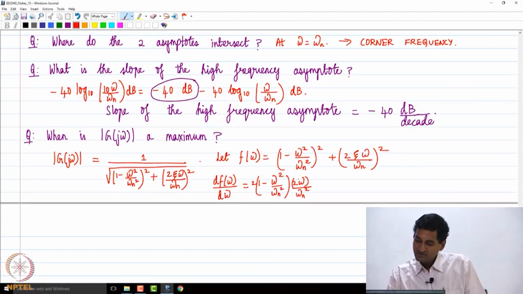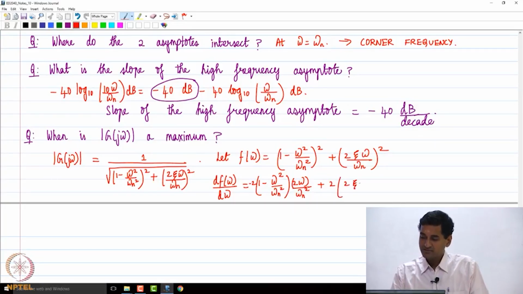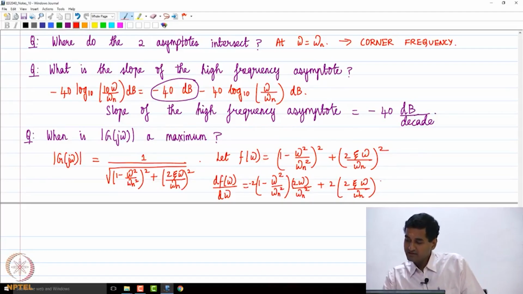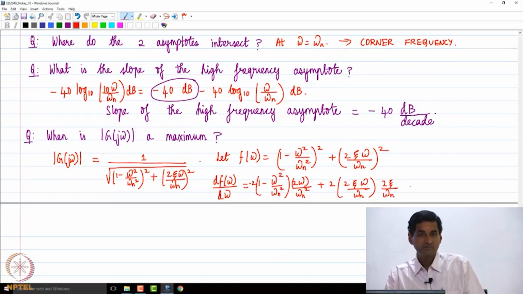Then I will have 2 times 2ζ by ωn, then 2ζ by ωn. So this should be equal to 0.